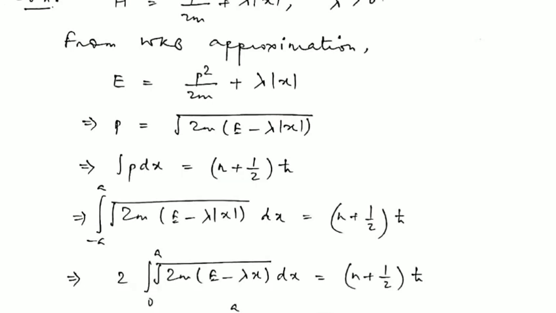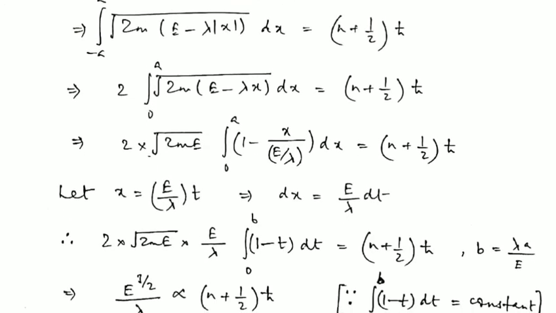So for that, what we do is we take out first of all root over 2mE outside of the integral, because in the integral the variable is only x, so E is a constant in that case, and then the integral becomes 0 to a of 1 minus x by (E by lambda) into dx.